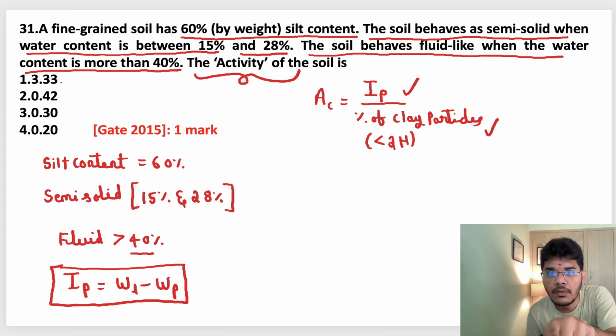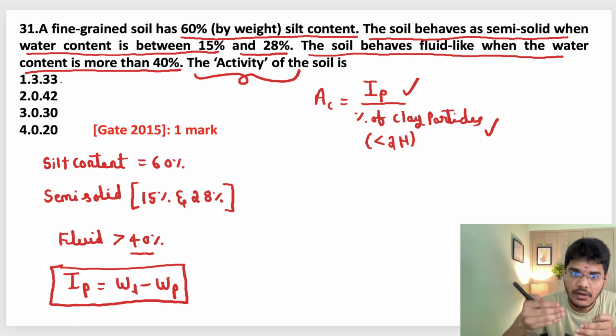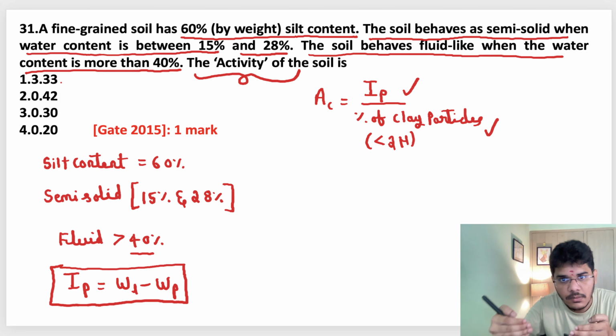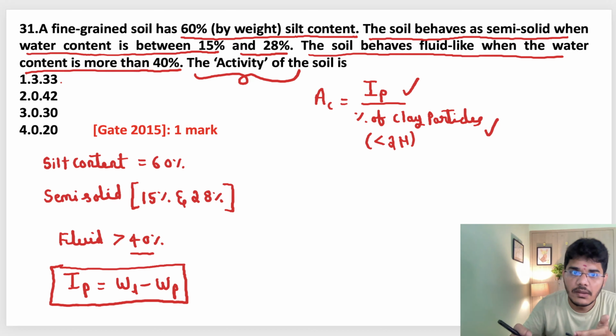After that we also need to find the percentage of clay particles. First, based on the given data, we will identify the liquid limit and the plastic limit, and then we can find the plasticity index. After that we can find the percentage of clay particles from the given data.